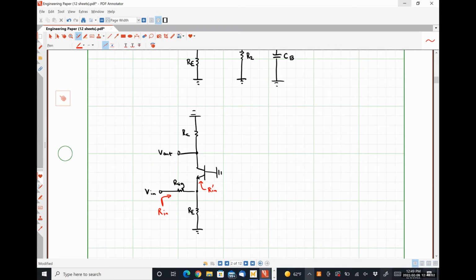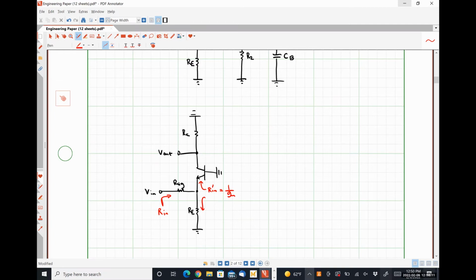What was that? One over gm, absolutely right. What do we see looking down from the emitter terminal?